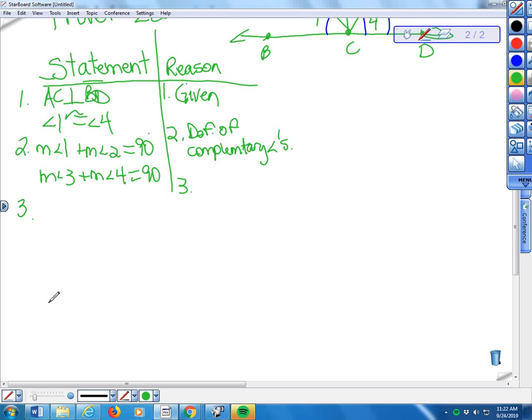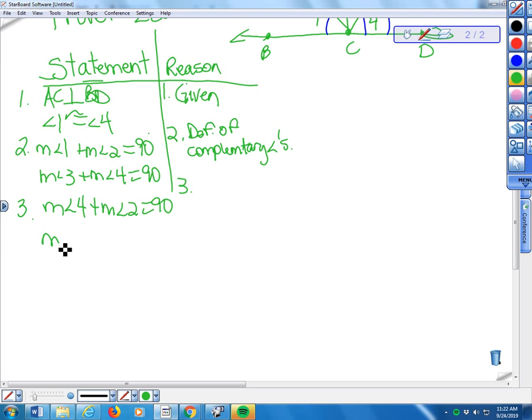I could say the measure of angle 4 plus the measure of angle 2 is 90, right, if I substitute 4 for 1. And I know 3 plus 4 is 90, so angle 3 is 90 minus angle 4.